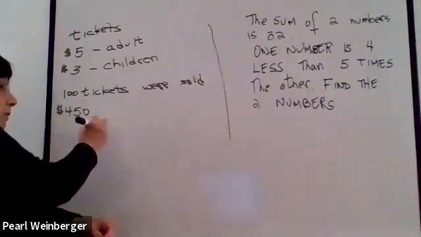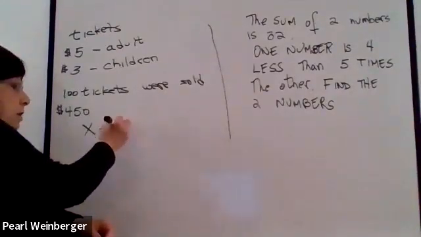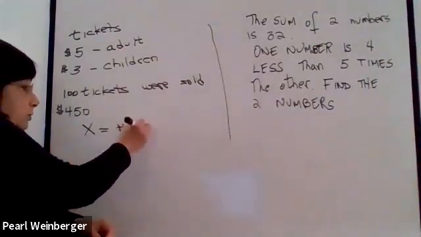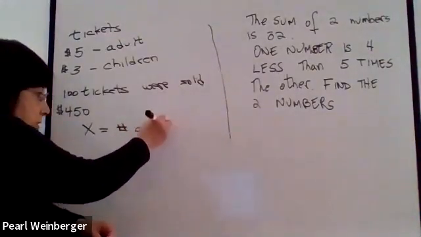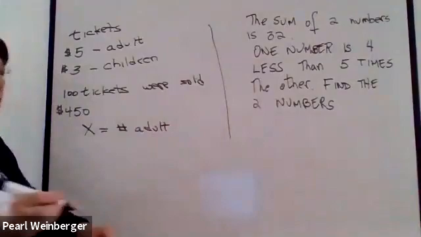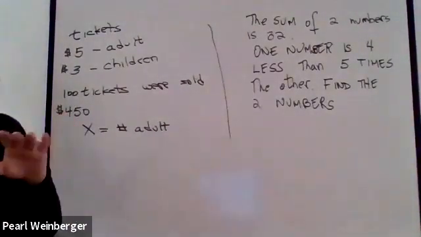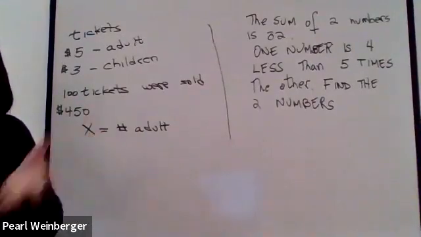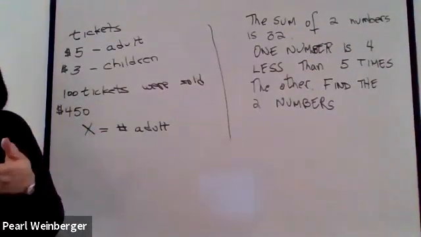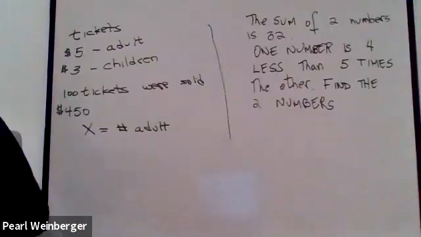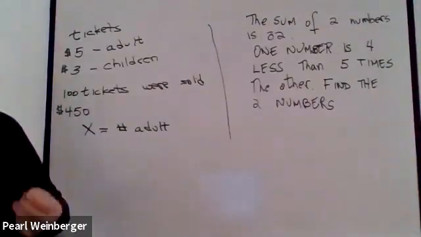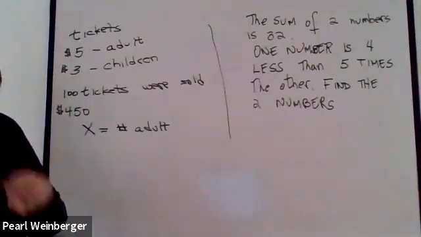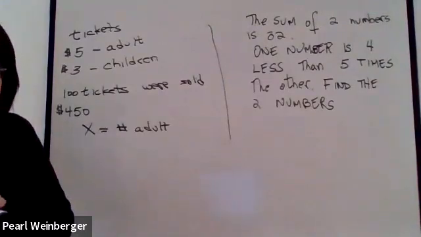So here's my way. Let X be the number of adult tickets sold. Notice I don't just write let X be adult because I don't know what that means. Adult what? So that's why I'm reading what I'm looking for. I'm looking for how many adult tickets were sold. What is the number of adult tickets sold?